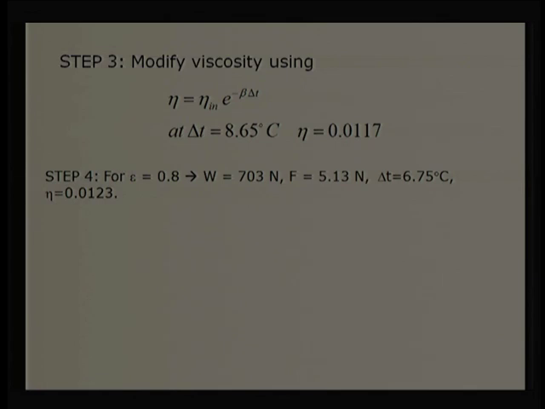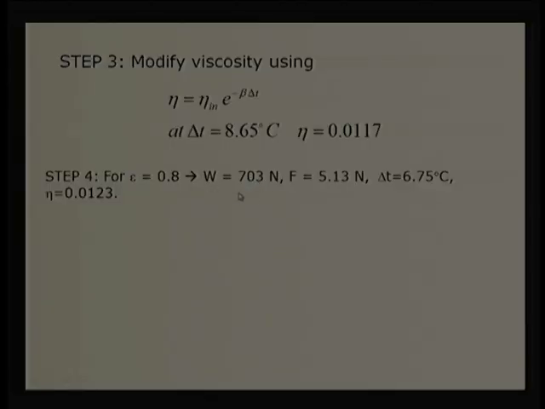Naturally, we need to change eccentricity, we need to decrease the eccentricity ratio. For this eccentricity and viscosity, we get F as 5.13 Newton. Calculate the temperature rise. It has reduced from 8.65 degrees centigrade to 6.75 degrees centigrade.